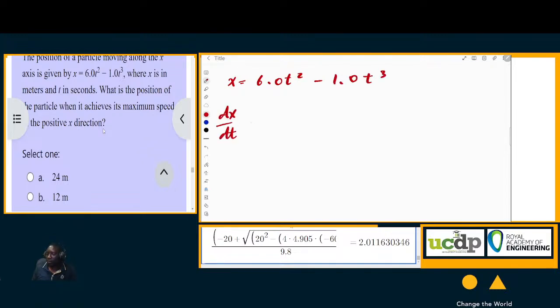So 2 times 6.0 t. Okay, yes. Then we'll have that 3 times negative 1.0, then it will become negative 3 t squared. Negative 3 times t squared, right?